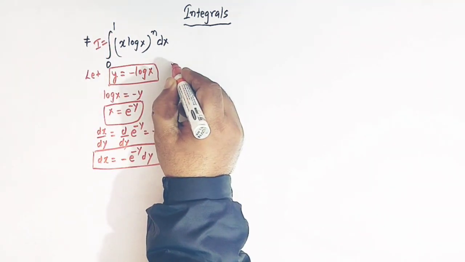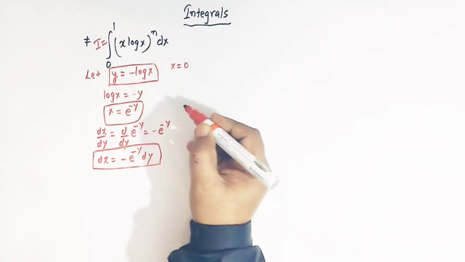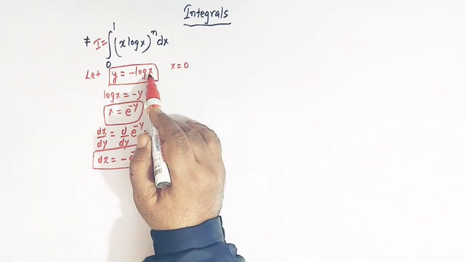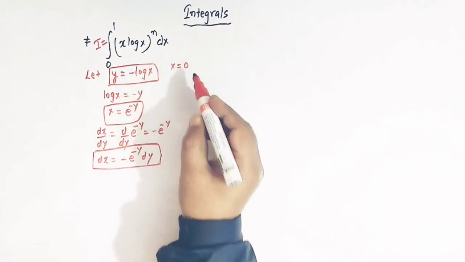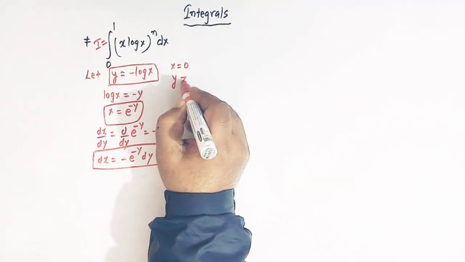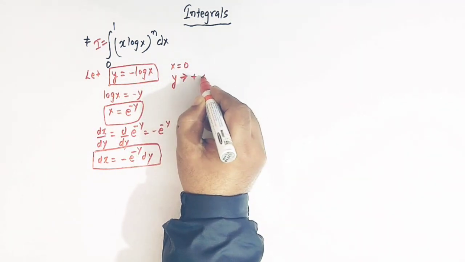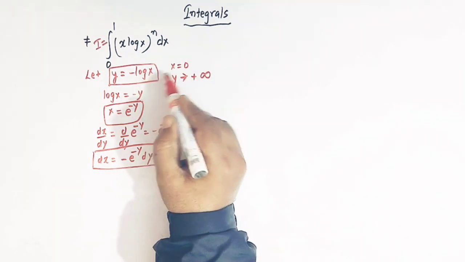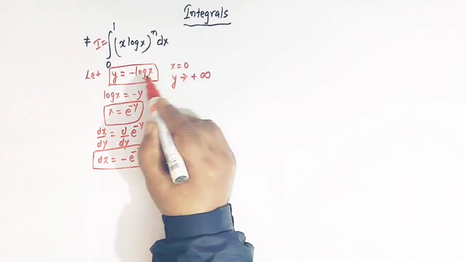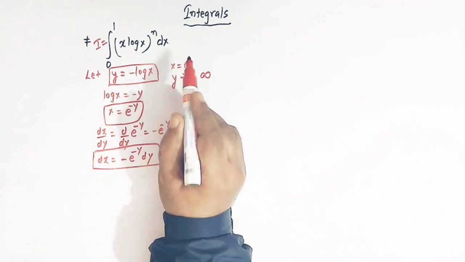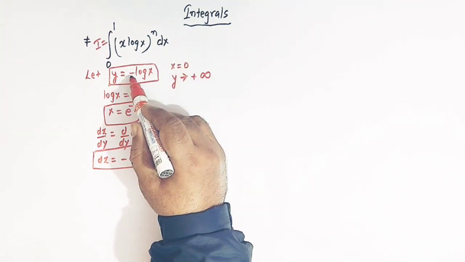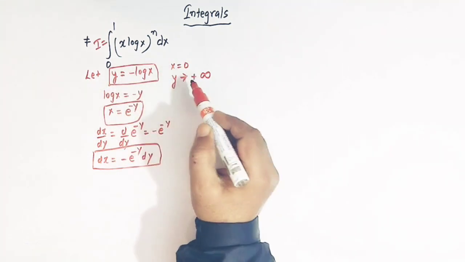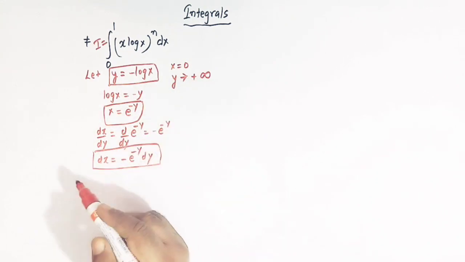So when x is equal to 0, then y tends to positive infinity, because when x tends to 0, log 0 tends to minus infinity, and here we have a negative sign. So y tends to positive infinity.